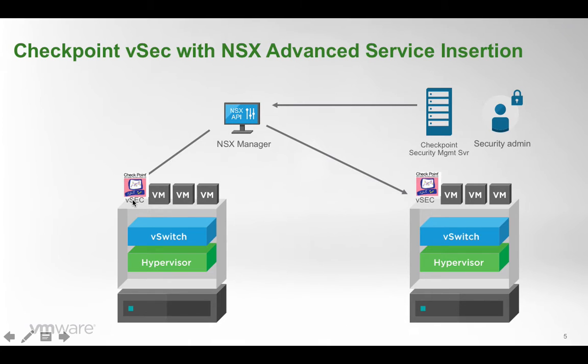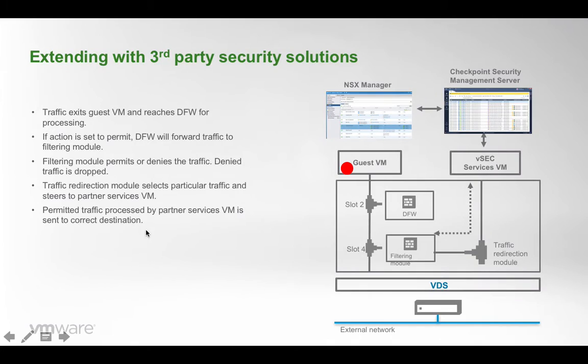And if the traffic is allowed, it will exit the host. If it's supposed to be blocked, it will just be blocked at the source host itself. Just to show you the traffic flow with animation: there's also a distributed firewall in the host itself.